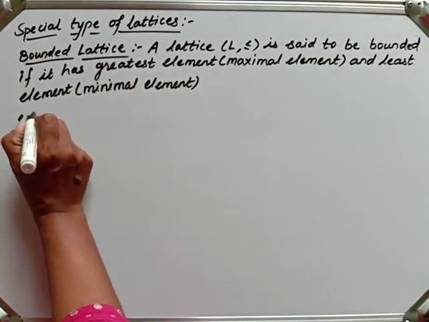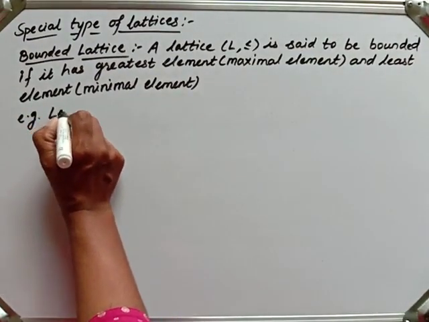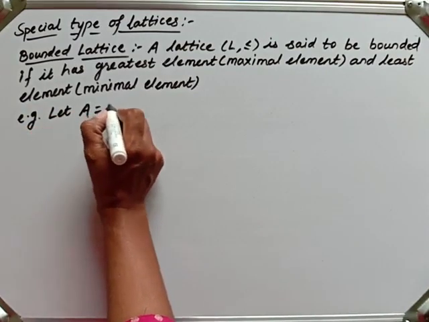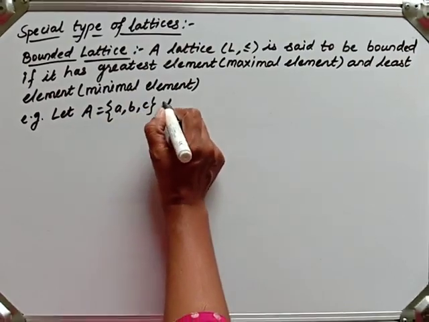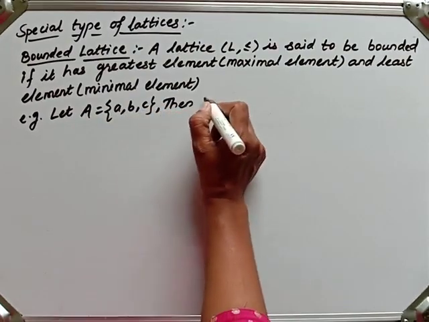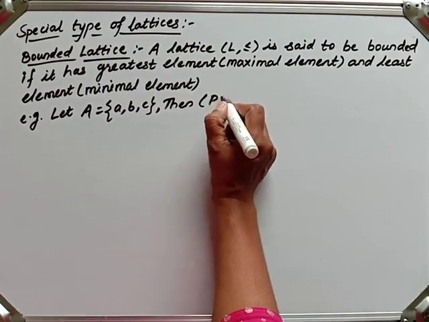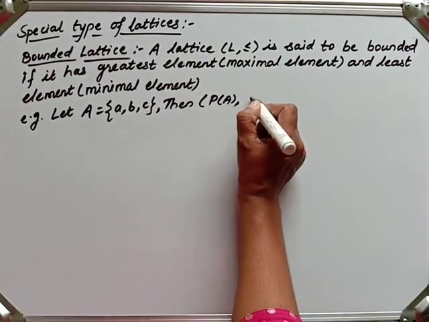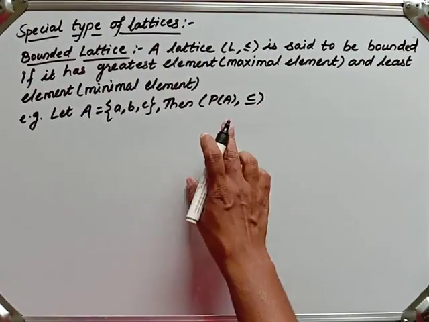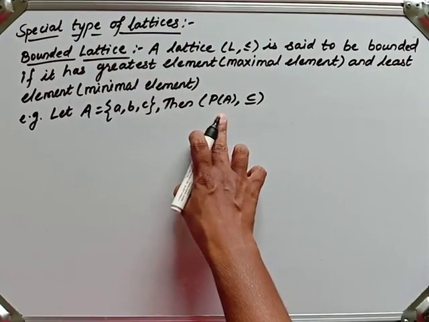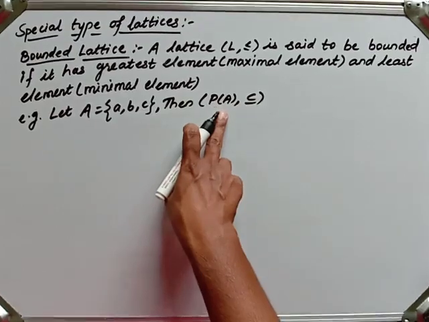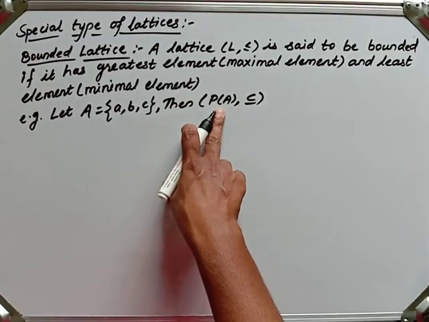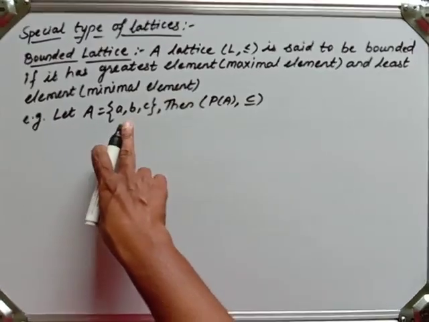For example, let A be the set with the elements a, b, c. Then this lattice, that is the power set of A with the subset relation, we had already drawn a Hasse diagram for this. The power set of A is the set of all subsets of this set.